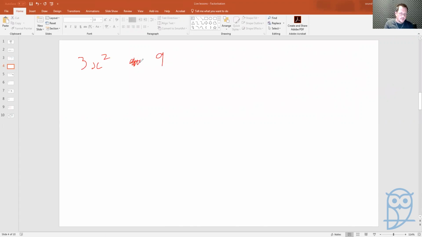Actually, let's not make that a plus. Let's make it a minus 9xy. I'm going to have to split this up into its factors. So that is 3 times x times x minus the 9 is 3 times 3 times x times y.